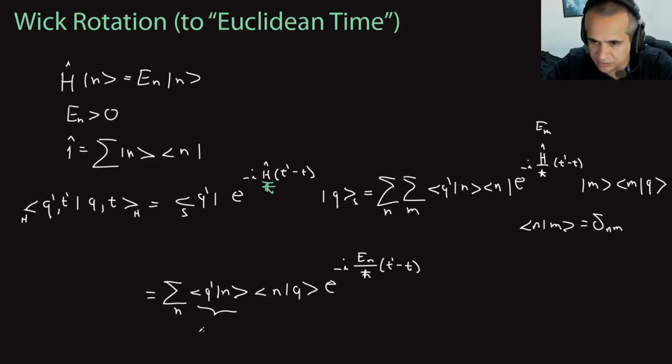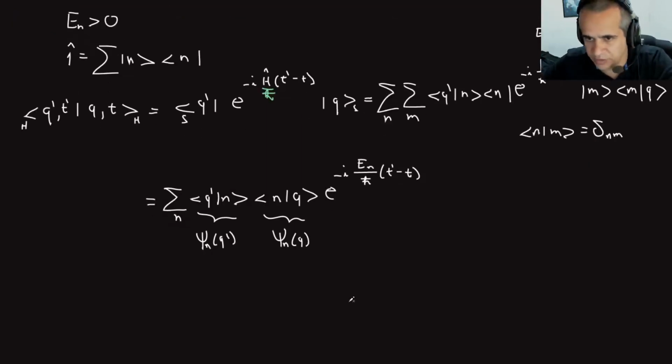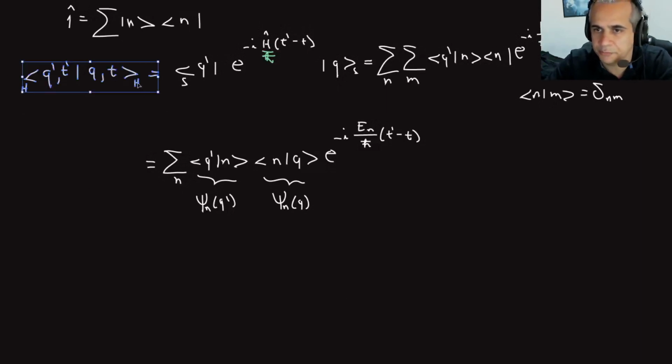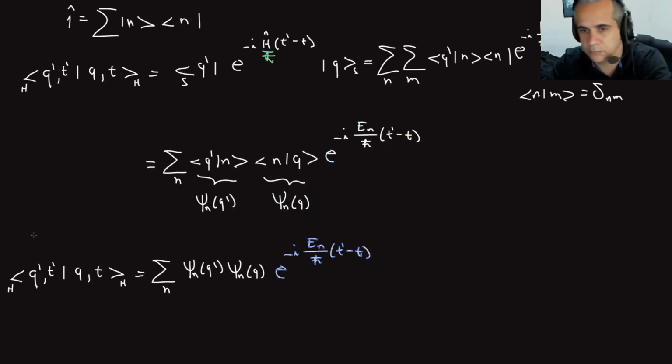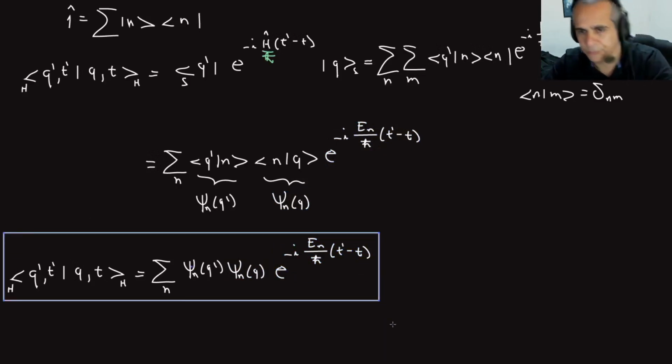And then of course these are just the wave functions, which allow me to put this in the form which is convenient for me, which is this one, giving me the transition amplitude in this language.